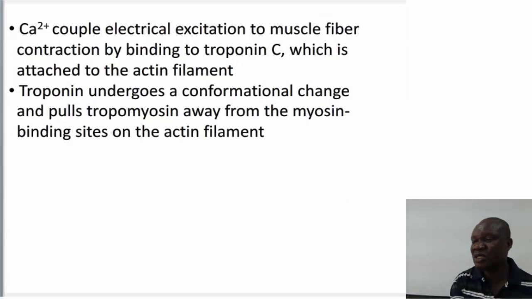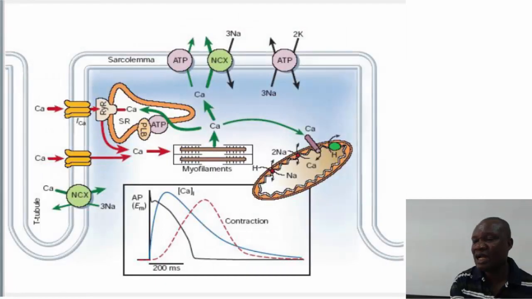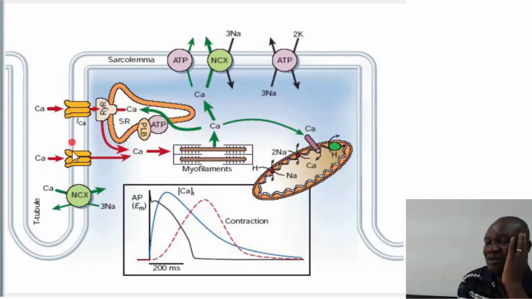When the action potential in the cardiac muscle has been generated, it will be passed on to the interior of the cell via the T-tubules. So this is our T-tubule. The action potential comes here. And in the T-tubule, we mentioned that we have the dihydropyridine receptors, right, which are calcium channels.